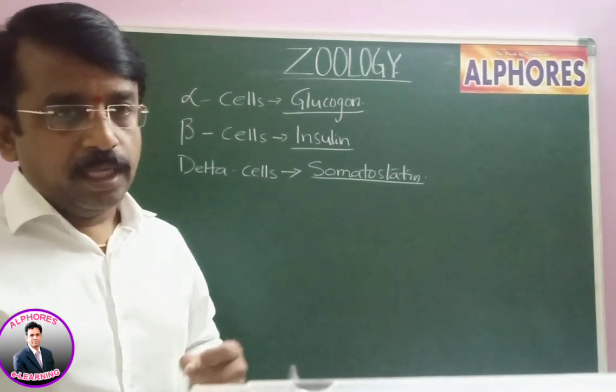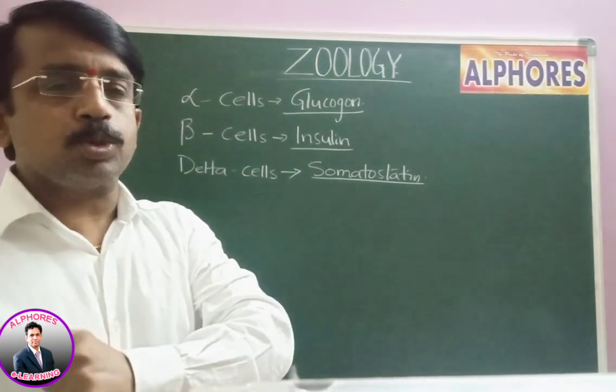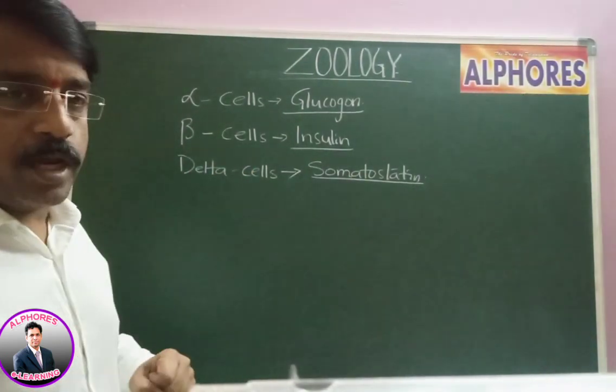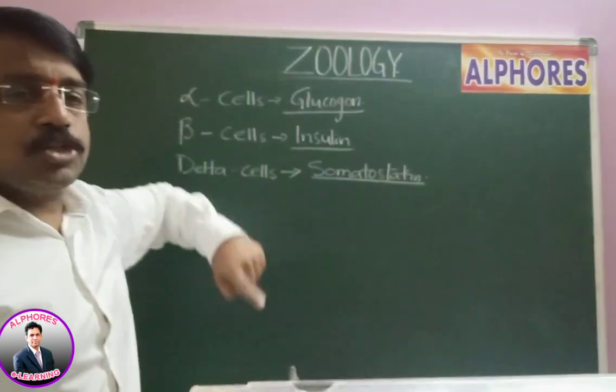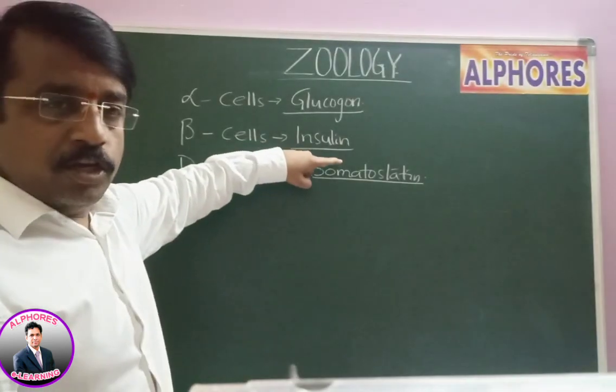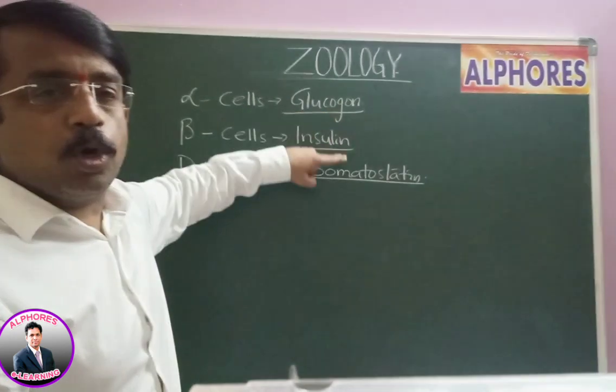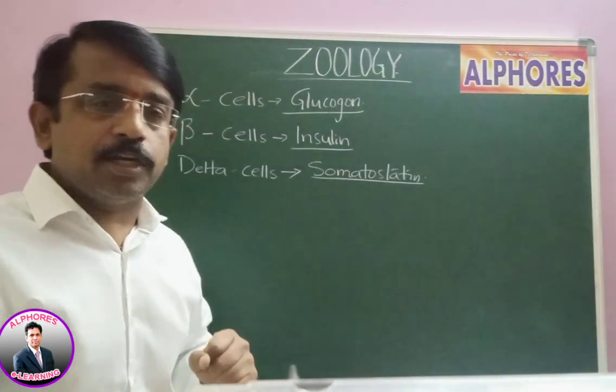So there are 3 sources of somatostatin. It inhibits the secretion of the pancreatic hormones glucagon and insulin.